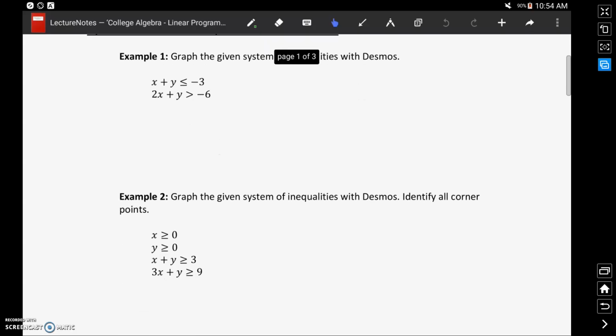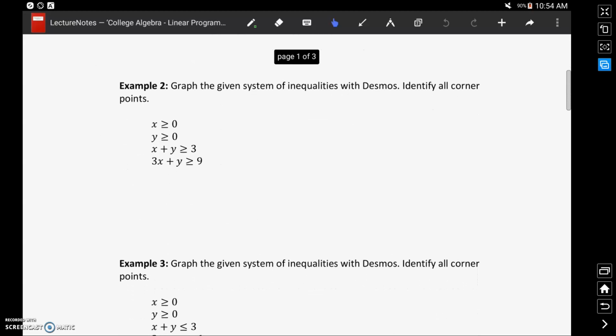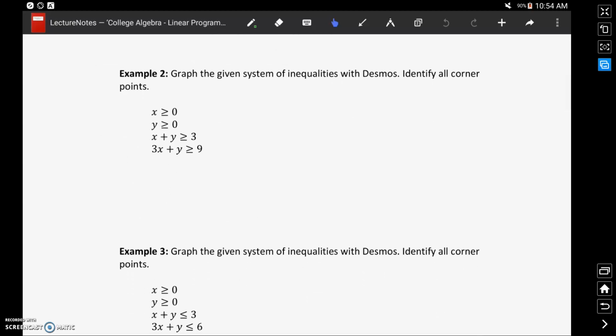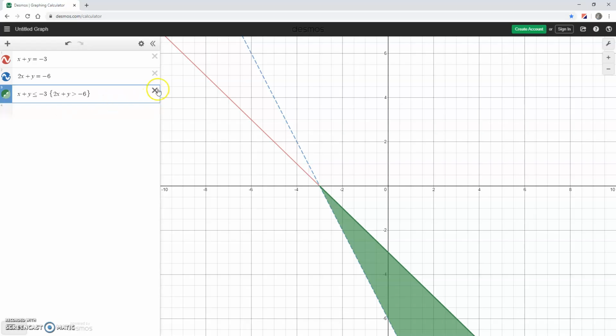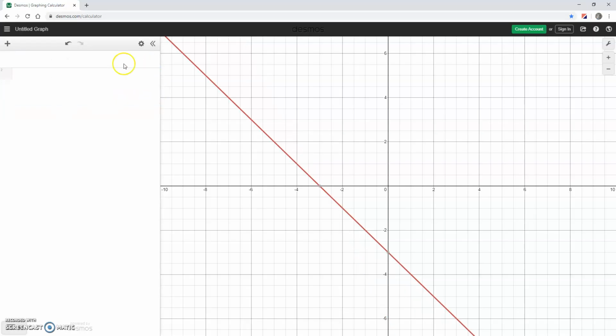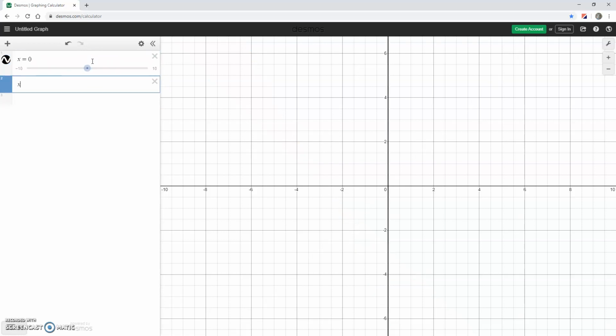Now what we can do is apply this same idea in example 2. Here we have four different inequality statements. So deleting what we've got, we'll again graph each of these as just a line where we replace the inequality statement with an equal sign.